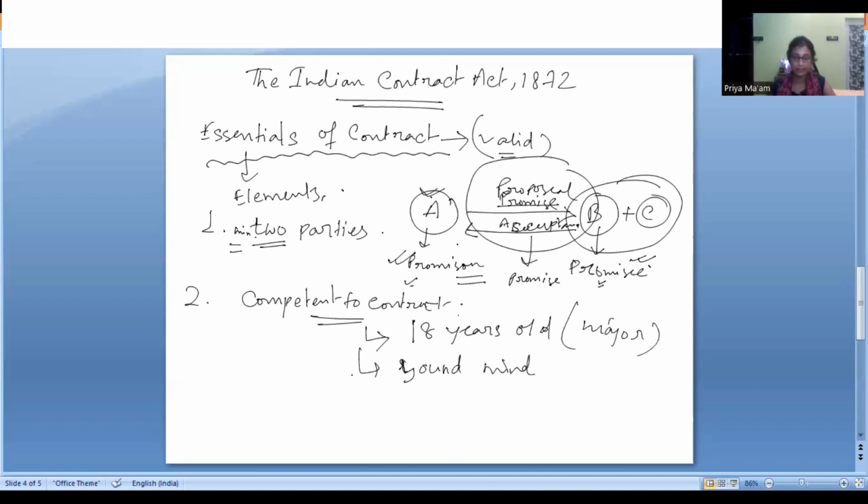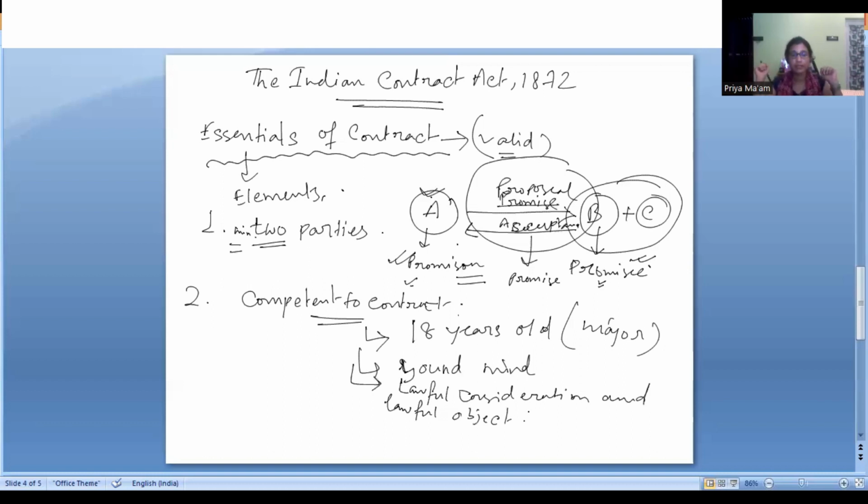Now, third is lawful consideration and lawful object. We know that in a contract, an agreement which is enforceable by law is a contract.